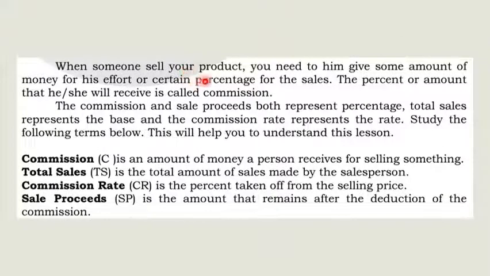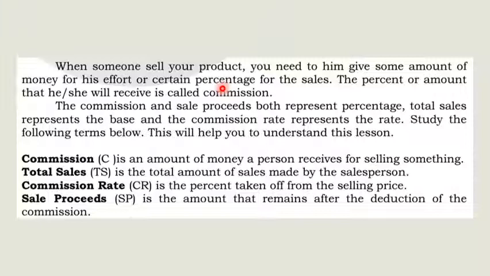So, when someone sells your product, you need to give him some amount of money for his effort or a certain percentage for the sales. The percent or amount that he or she will receive is called commission. So, ano ibig sabihin nun, yung commission? So, halimbawa, merong isang item.